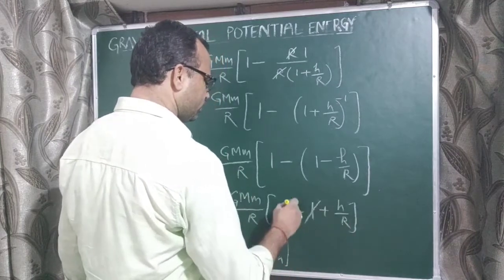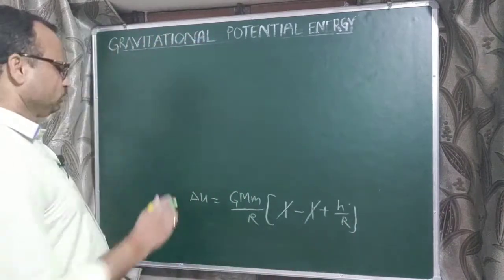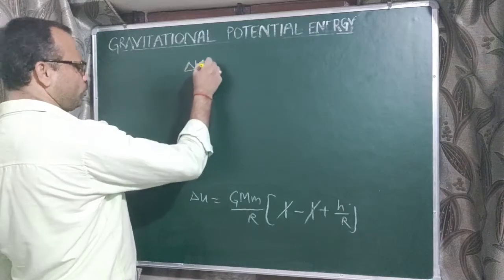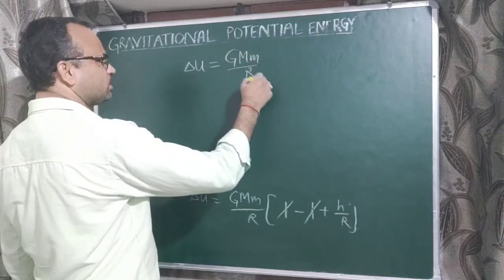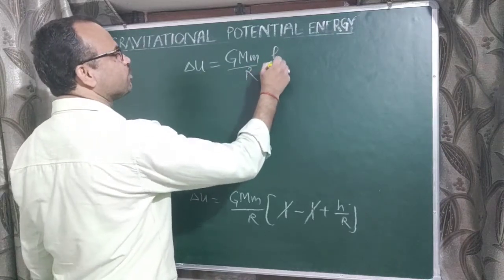The 1 and 1 cancel. Now delta U equal to GMm upon R into h upon R.